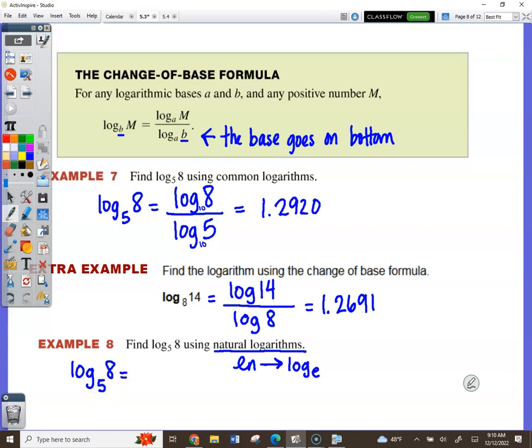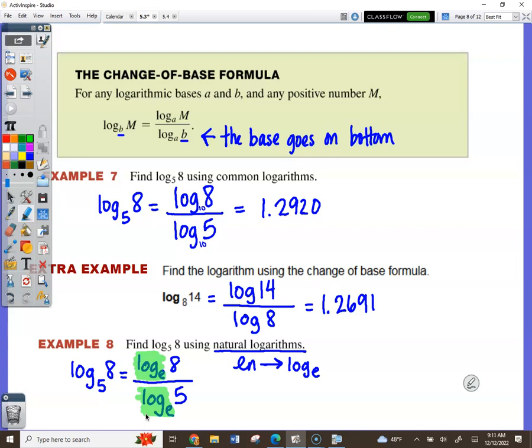They want us to apply base e using the change of base formula. So which one goes on bottom? The 5. So it's going to be log base e of 5. What goes on top? Log base e of 8. And then now they want you to change. Remember, this is like those little wooden blocks that kids play with. If log base e is painted on the front, what little other wooden block could we push in its place that's smaller?